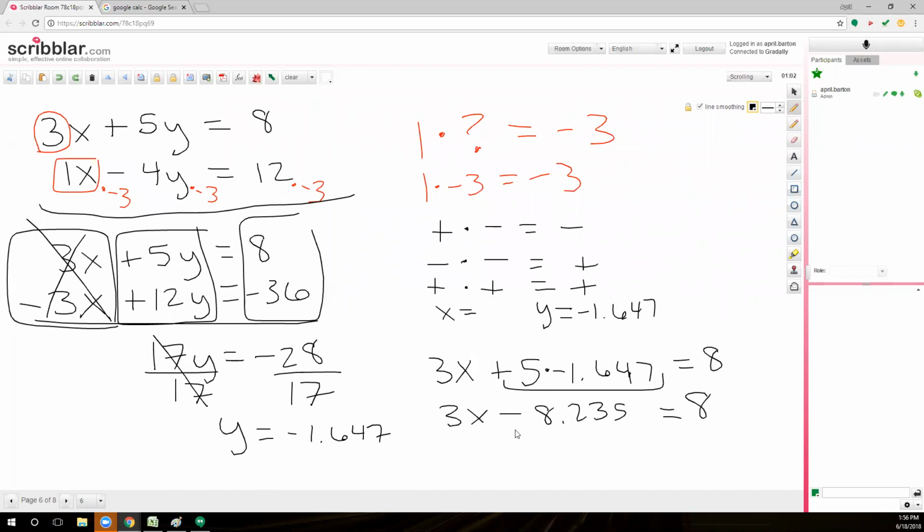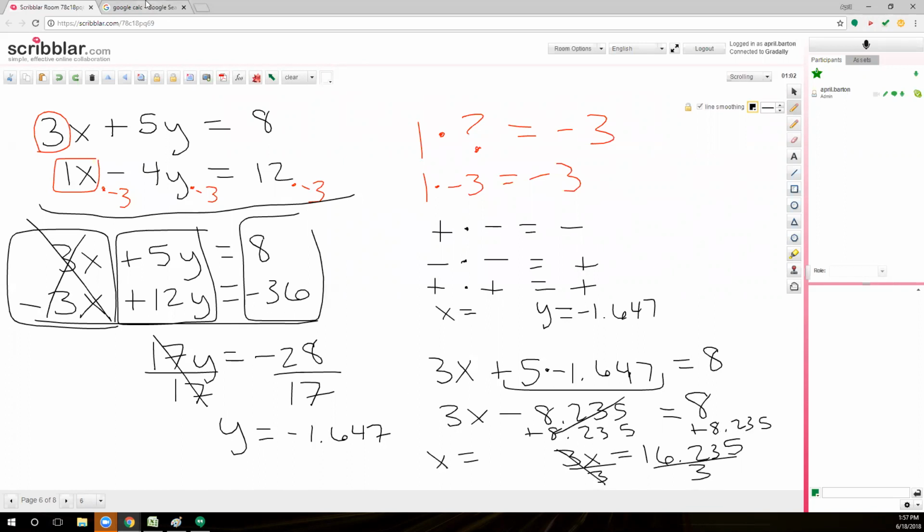Good. Add. So 8 plus 8.235 will be 16.235. And then our last opposite with these, always going to end up with that division.